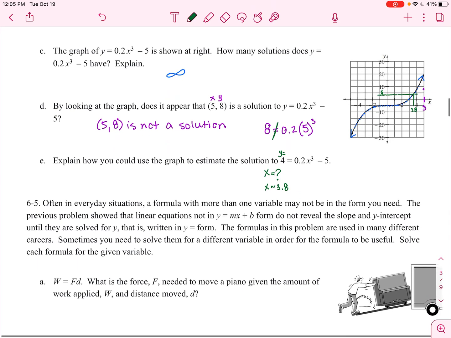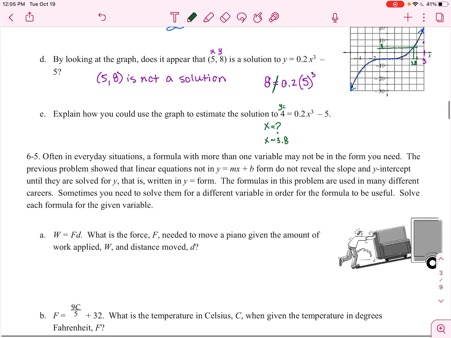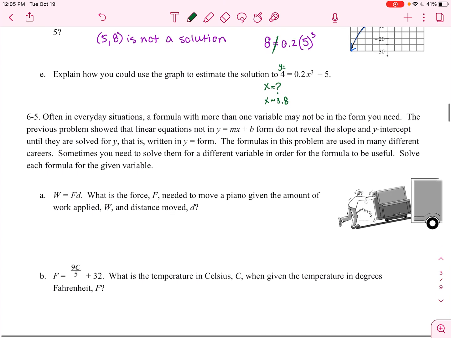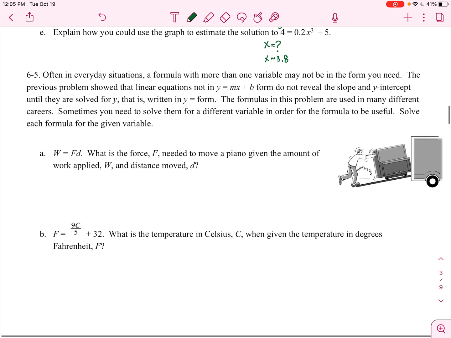Okay. Well, sometimes we have different formulas, not your y equals mx plus b. Well, we have this physics formula. W, work, equals the force times the distance. So what if we needed to know what is the force?